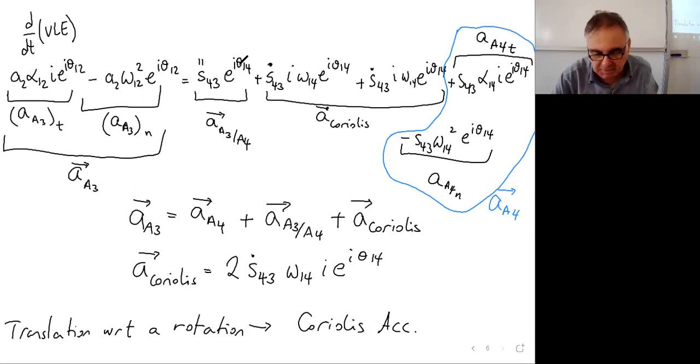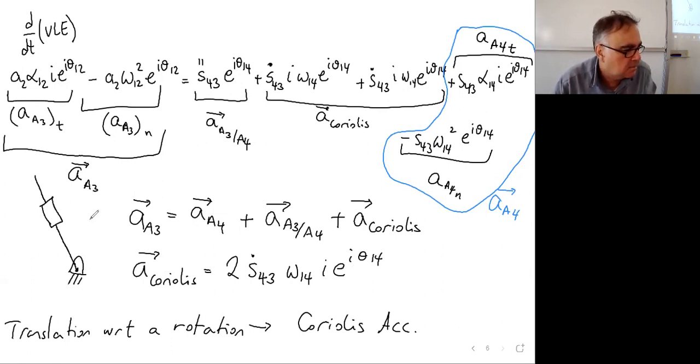For example, let me show it to you here somewhere. How can I draw it? If you have, let's say, a slider like this, which is inside a rotating rod.